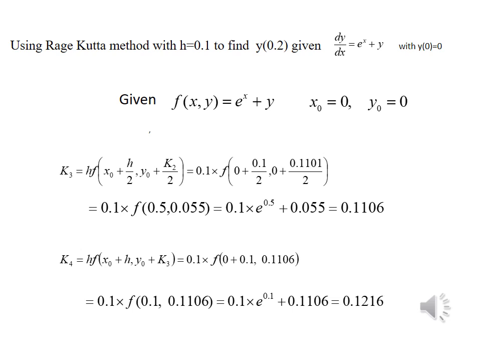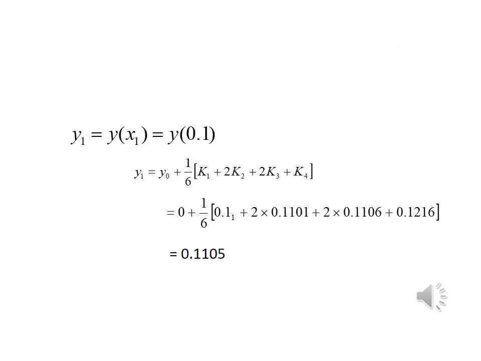Similarly you can find k3, h into function of x0 plus h by 2 comma y0 plus k2 by 2. So we get k3. k4 is equal to h into function of x0 plus h comma y0 plus k3. You get that value. Now y1 is equal to y of x1 is equal to y of 0.1 equal to y0 plus 1 by 6 into k1 plus 2k2 plus 2k3 plus k4. So finally we get the result for that question.